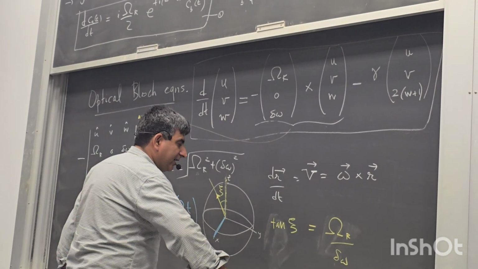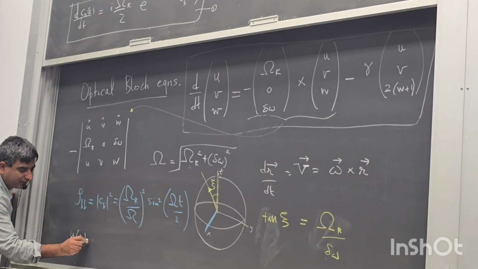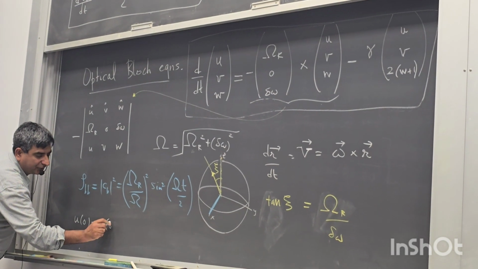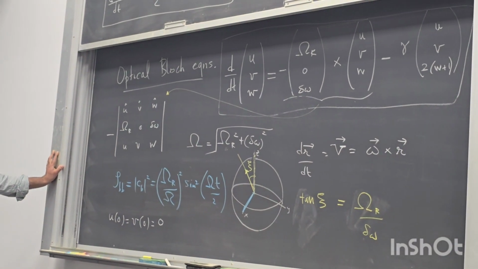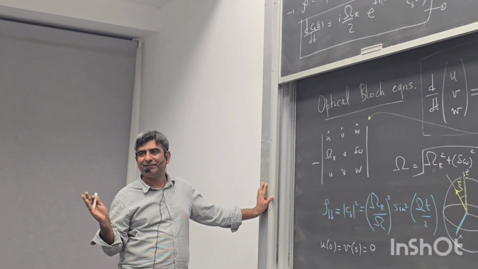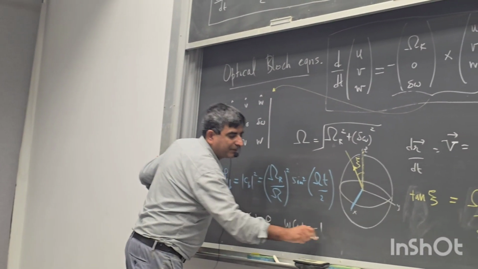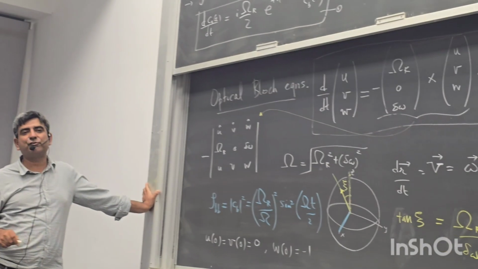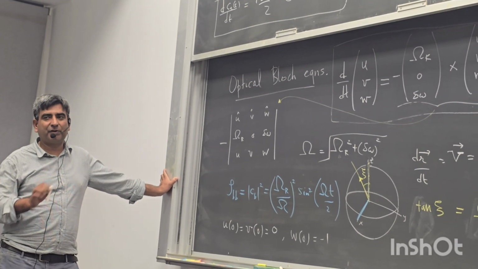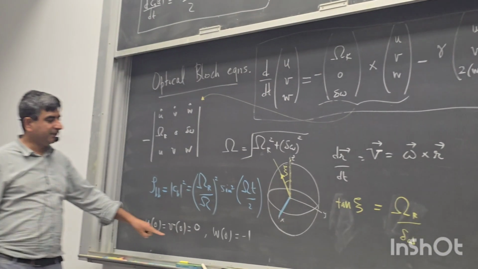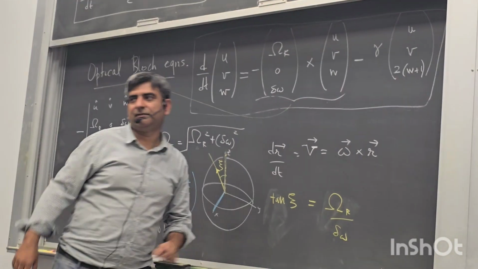So I put U at time 0 equal to V at time 0 equal to 0. No coherences. Everything is along the z-axis. And W at time 0 is minus 1, which means everything is in the ground state. Rho_AA is 1 and rho_BB is 0. So when I put in these initial conditions and solve this equation for various values, let's see what kind of results we get.